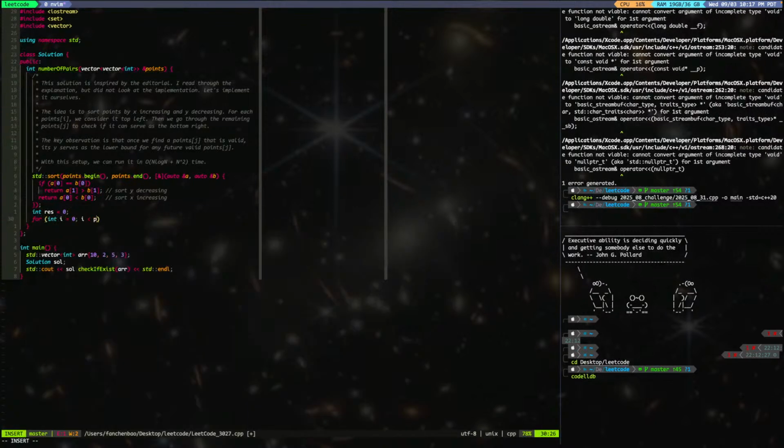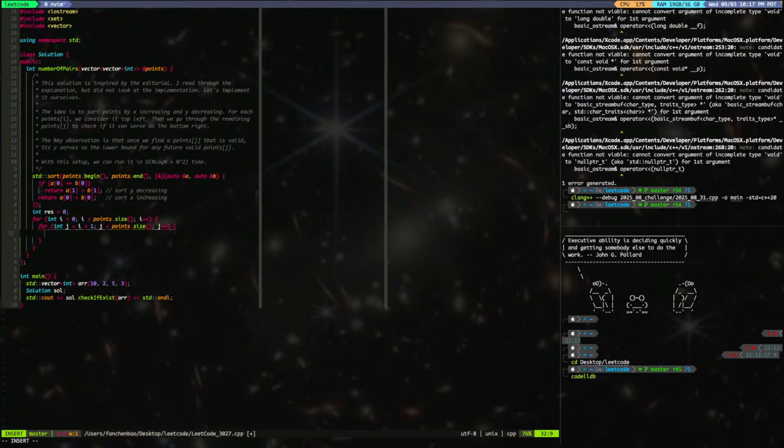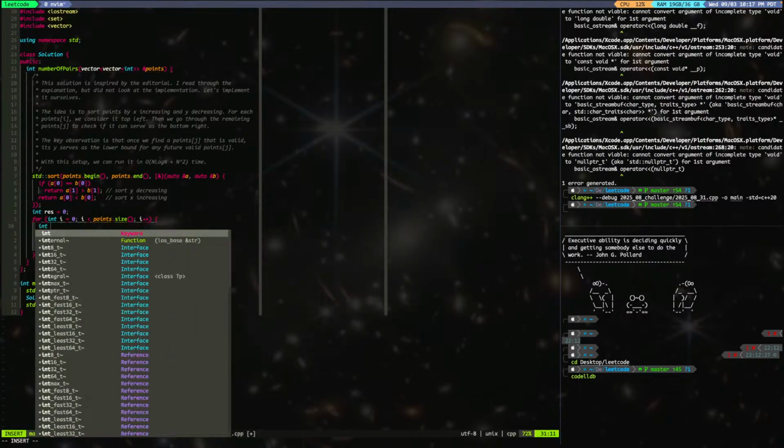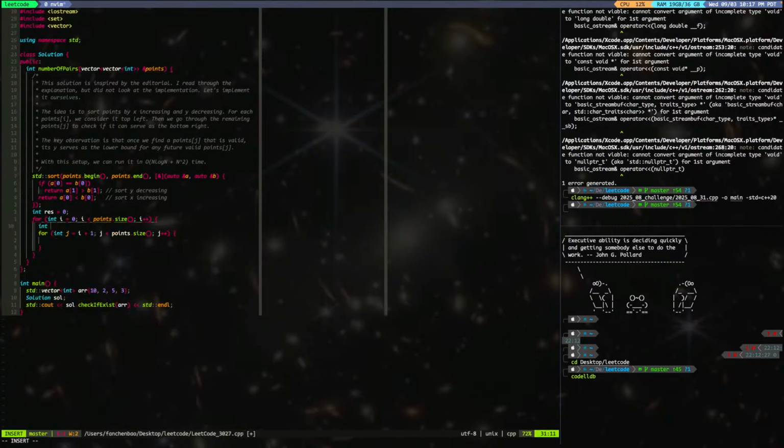Loop i from 0 while i is smaller than points size, and j from i plus 1 while j is smaller than points size, j plus plus. So what we first do is check the bounds. We have a lower bound y.